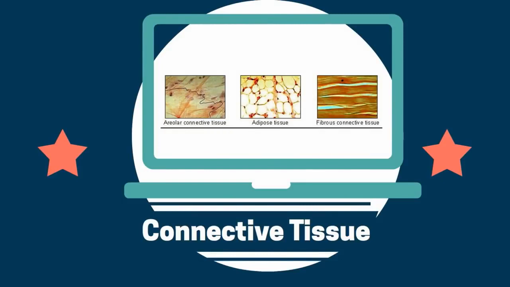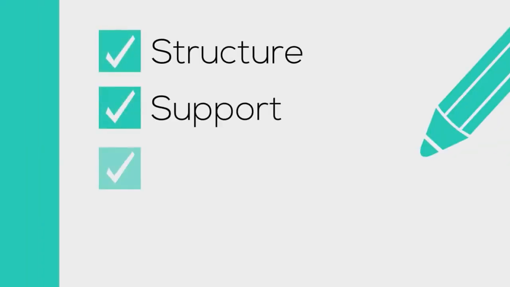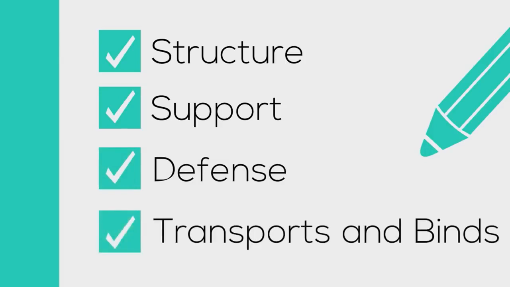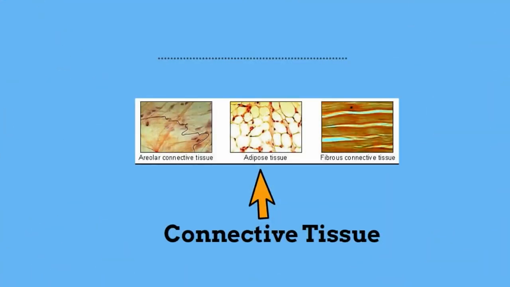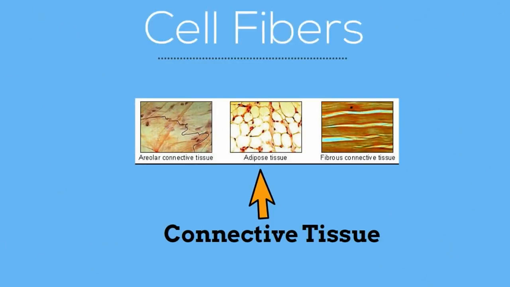Connective tissue is one of the 4 types of tissues found in our body. Connective tissue helps provide structure, support, defense, transport materials, and binds things together. Connective tissue is unique in that it consists of cell fibers.